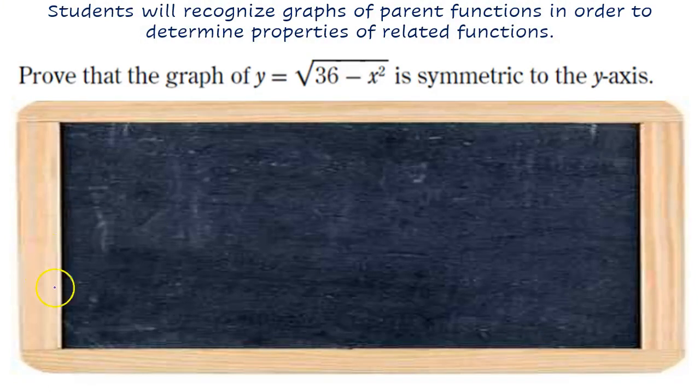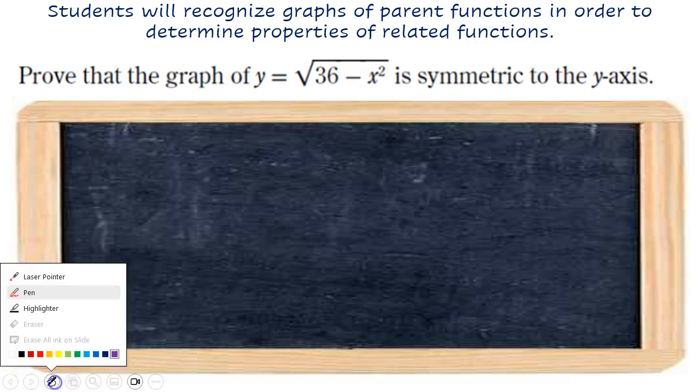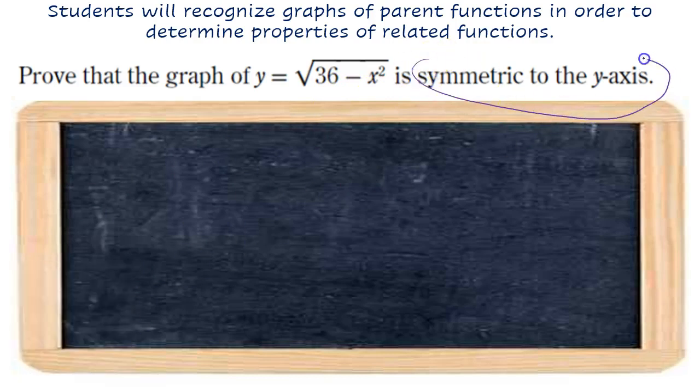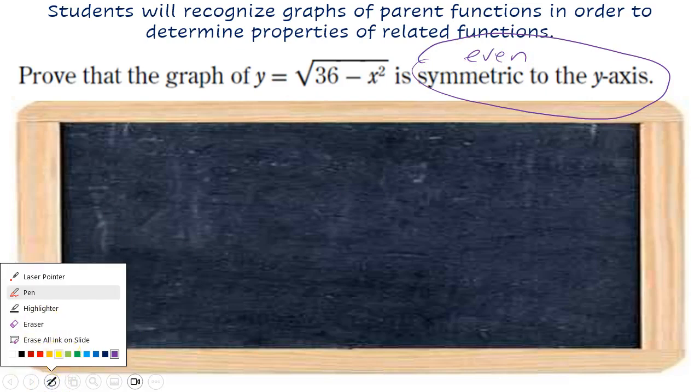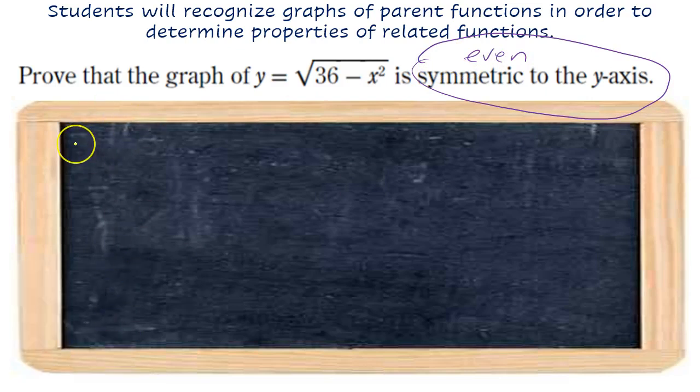Now, they want us to prove here that the square root of 36 minus x squared is symmetric to the y-axis. In other words, what they're asking us to prove is that symmetric to the y-axis means that it's even. So they want us to show that it's even.